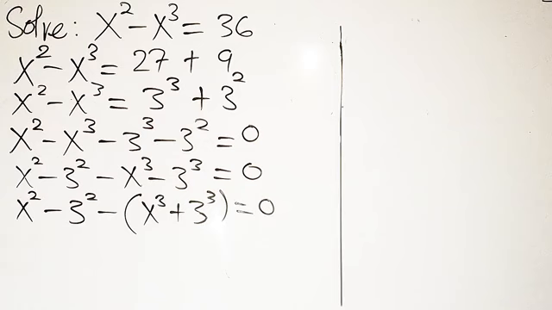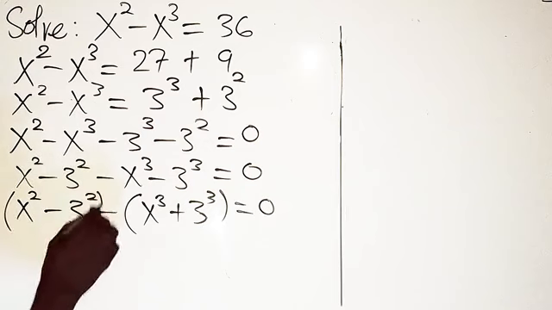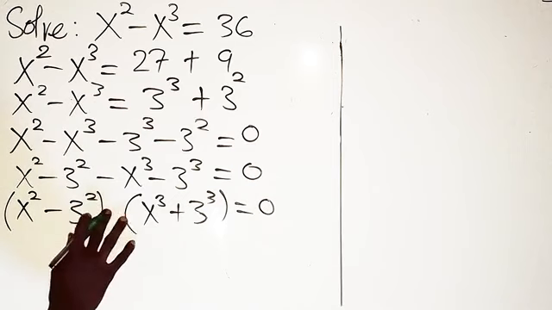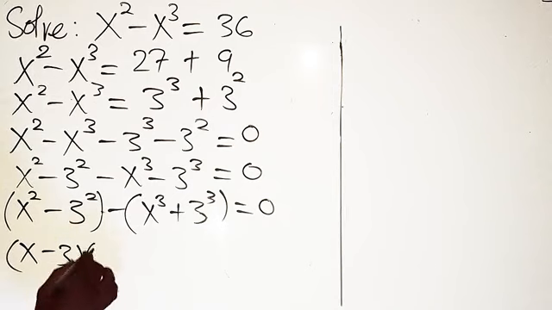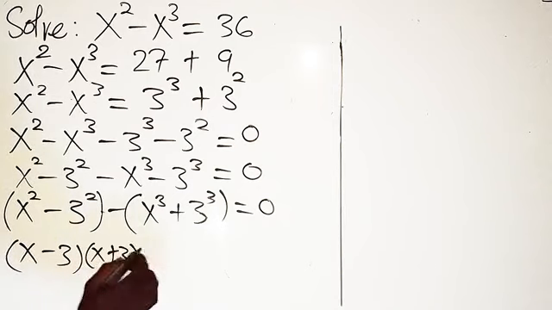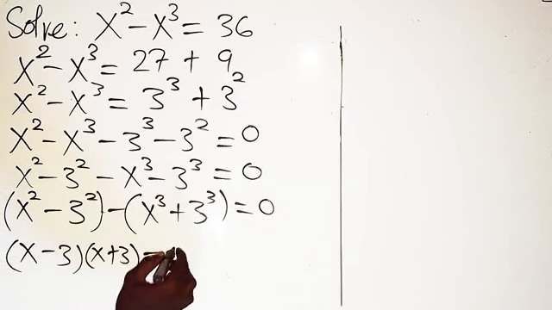Now let me put the parentheses here. We can see that this is difference of 2 squares. So I can have this to be x minus 3, then x plus 3, minus, here is what? This x to power 3 plus 3 to power 3.